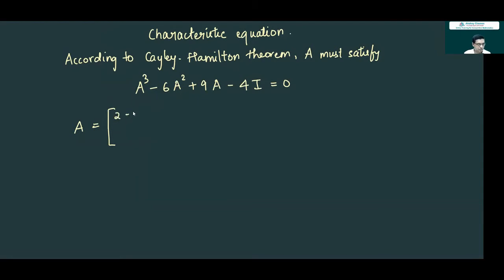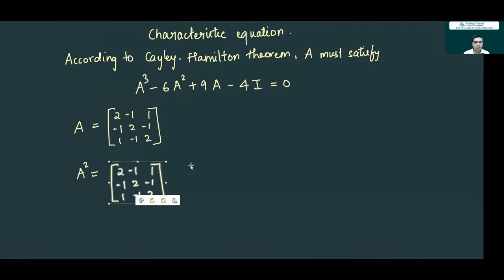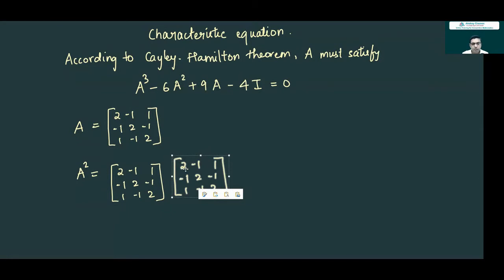Calculation will be a little long because no zeros are involved. We'll have to do the calculation. So A square is A into A. Let us do this.